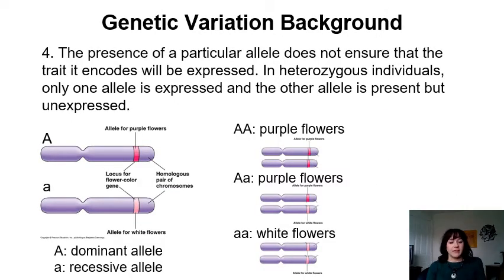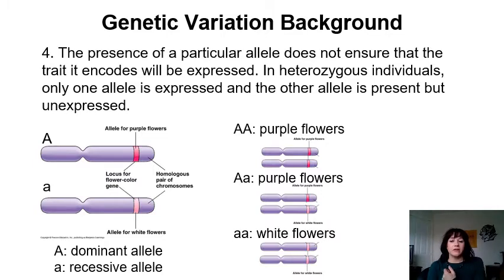Now, just because you have a certain allele, a certain variant for a gene, doesn't mean it's going to be expressed. So in this plant, for the gene for flower color, it has one allele for purple and one allele for white. What color is this offspring's flower going to be? Is it going to be purple? Is it going to be white? Is it going to be a mixture?